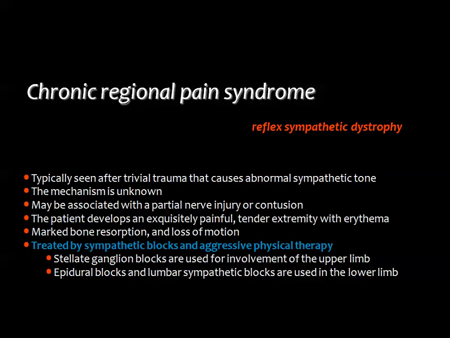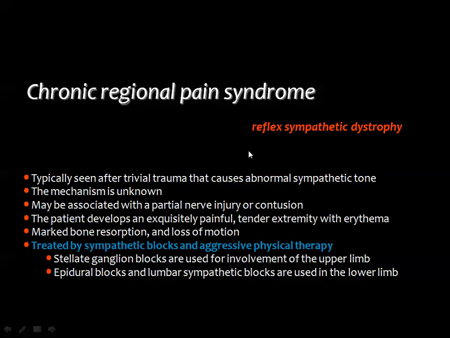This lesion appears usually following a minor trauma to a certain part of the body, usually the hand or the foot. The trauma will result in severe swelling of the limb, marked erythema and redness, and extreme tenderness even on touch.